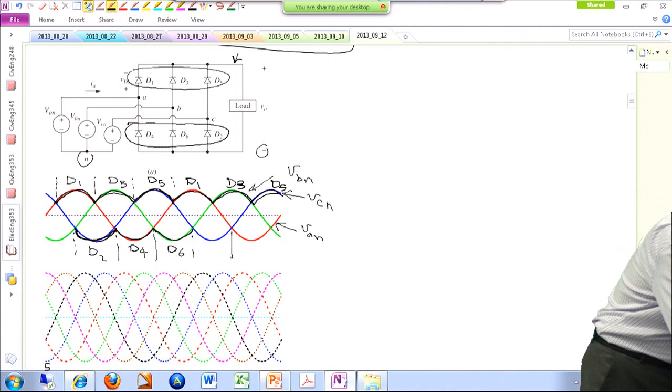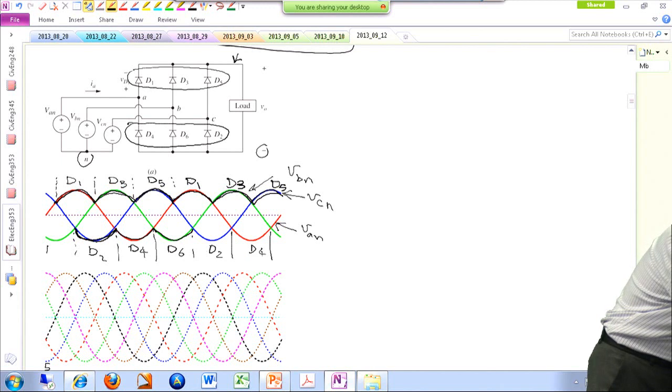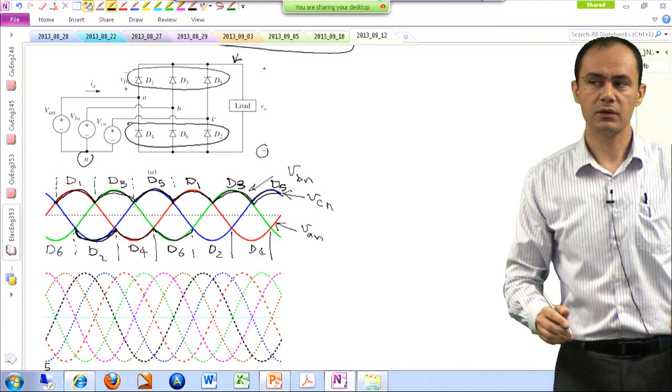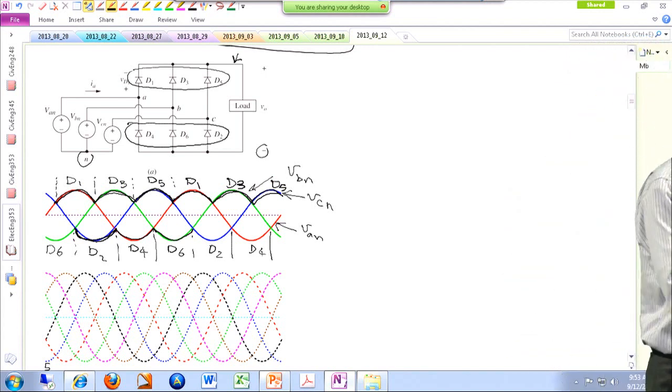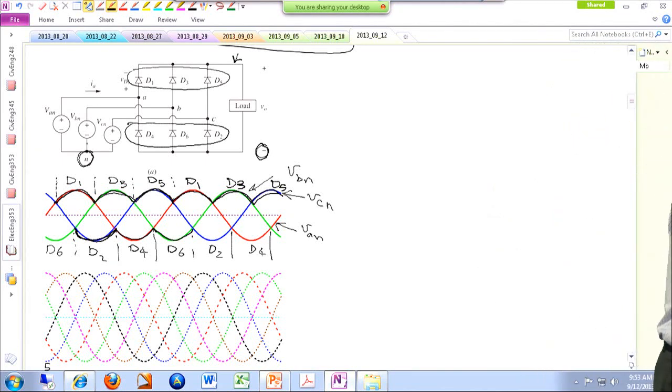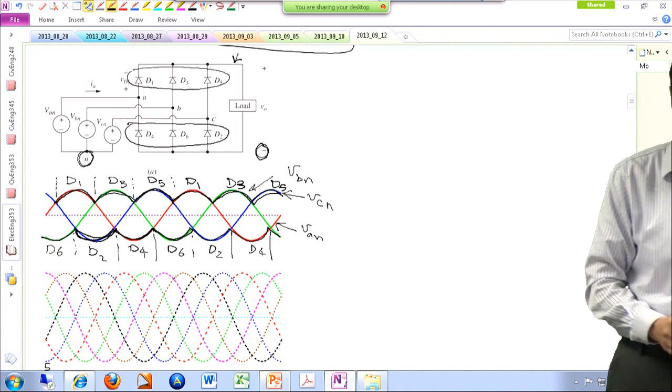Then the cycle repeats: D2, then D4, and then D6. So if you have an oscilloscope and measure the voltage of the negative terminal of our load with respect to the neutral point of the source, you will observe a voltage like this.